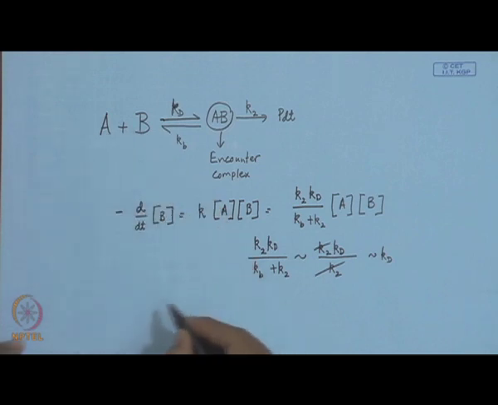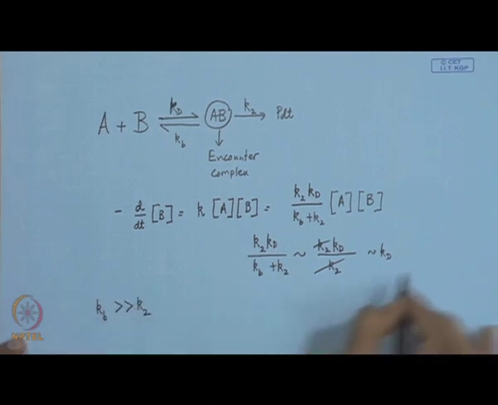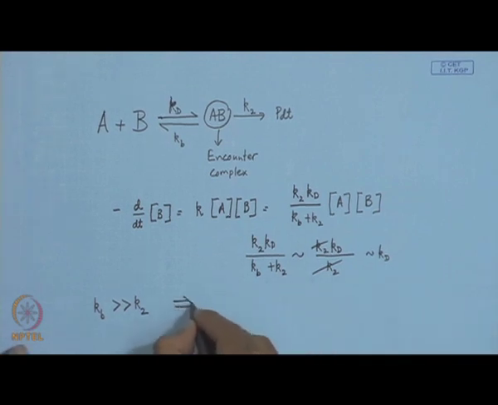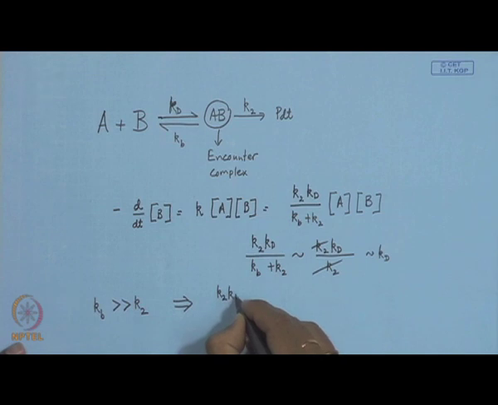Okay, for a slow reaction where Kb is very much greater than K2, your expression comes out to be equal to K2 Kd divided by Kb. So, what is Kd by Kb?